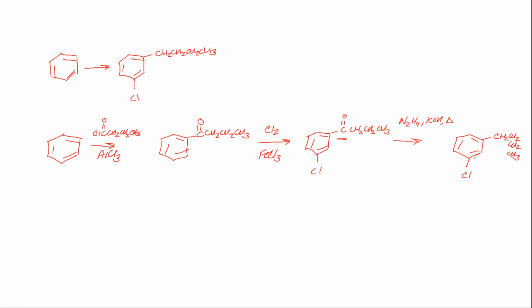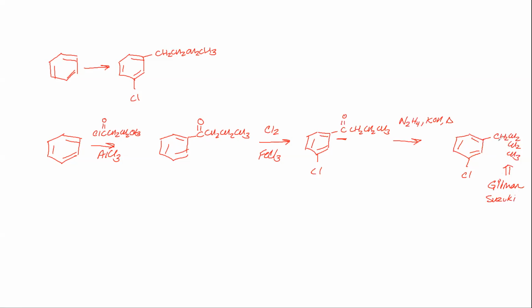I mean, that seems like a reasonable way of doing it. There are probably other ways to add this alkyl group. You could also put the alkyl group on using a Gilman reagent. You could put it on with probably a Suzuki coupling as well.